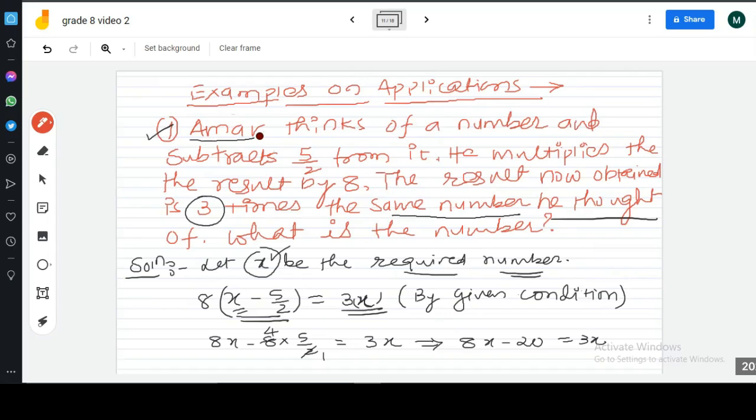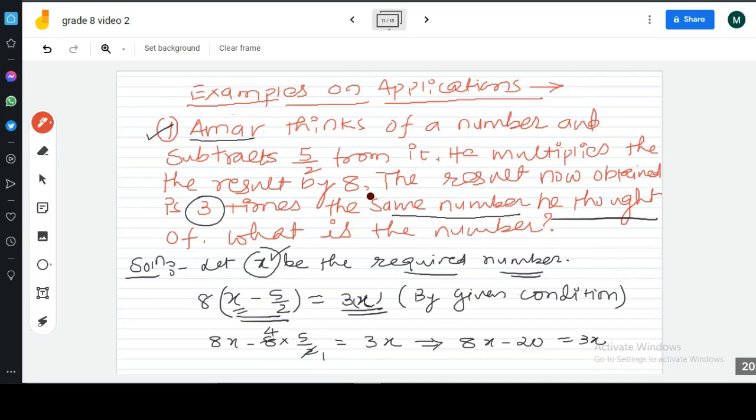The first example given is: Amar thinks of a number and subtracts 5 by 2 from it, and he multiplies the result by 8. Means whatever difference comes by subtracting 5 by 2 from that number, he multiplies that difference by 8.